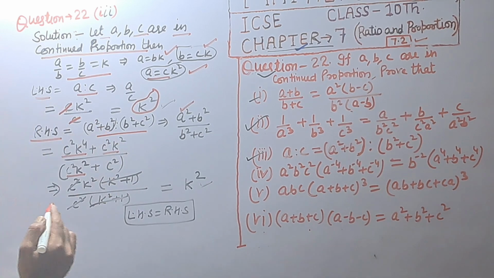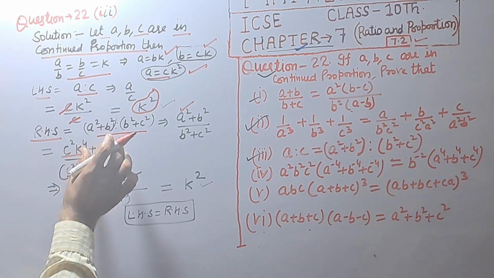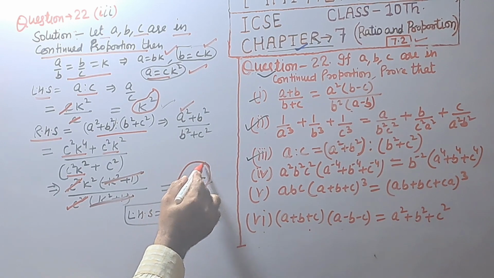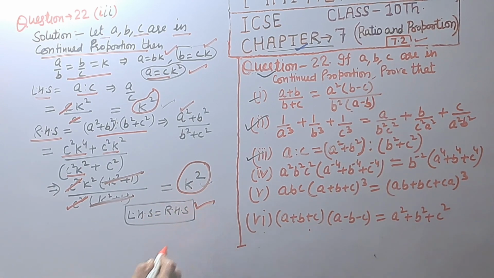We are taking common c square k square in the numerator and c raised to power 2 in the denominator. This is cancelled. In bracket k square plus 1 and k square plus 1 will be cancelled, and we get k raised to power 2. So left hand side is equal to right hand side.